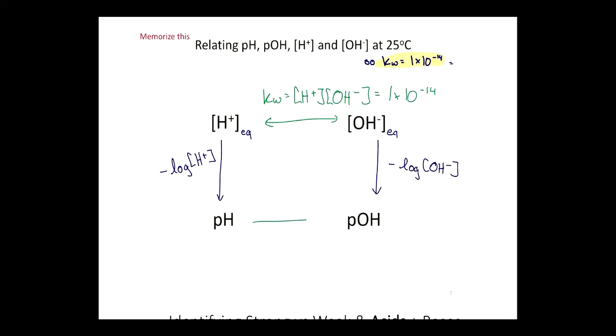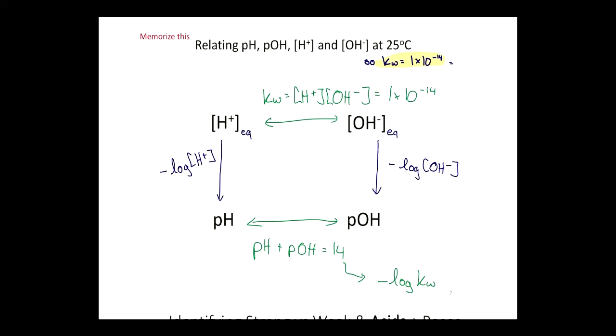These two p values, pH and pOH, are related to one another by the relationship pH plus pOH equals 14. And where that 14 comes from is the negative log of Kw. Kw is 1 × 10 to the -14, and the negative log of that number is 14. So that is basically the magic square and how we can get the relationships of everything.